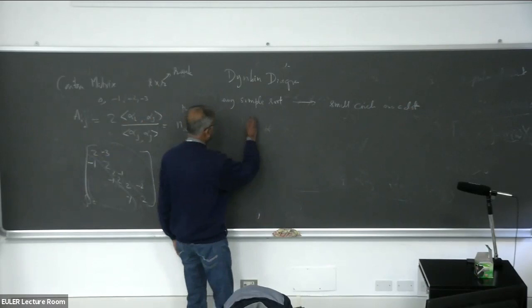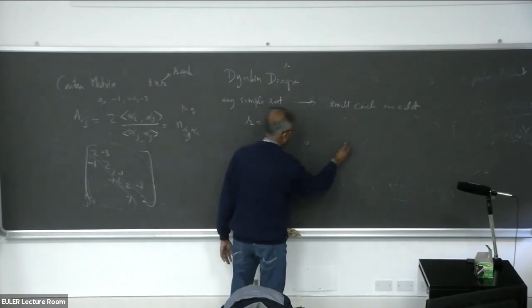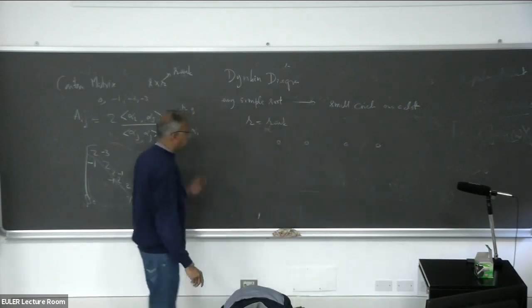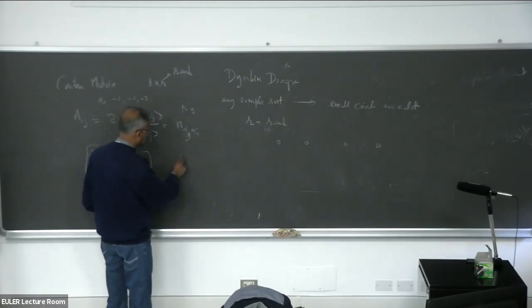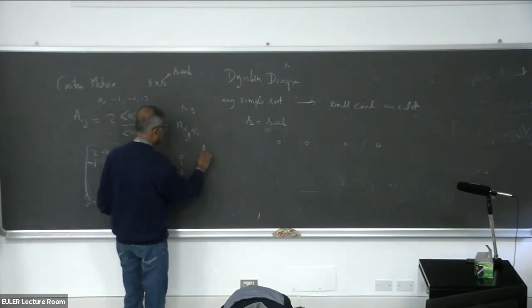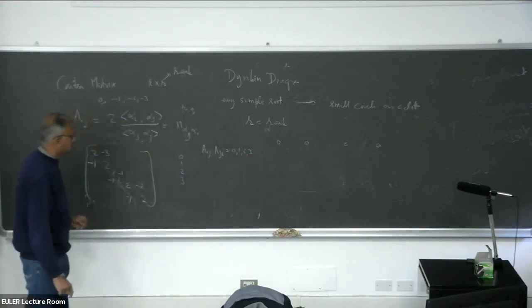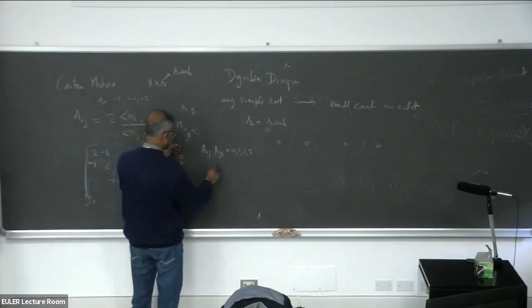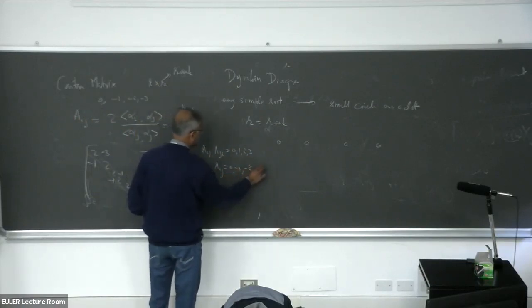So if r is the rank, then there will be r small circles. Now, the number you found, the possibilities were 0, 1, 2, and 3, so Aij times Aji can be 0, 1, 2, or 3. Or even directly Aij can be 0, minus 1, minus 2, minus 3.